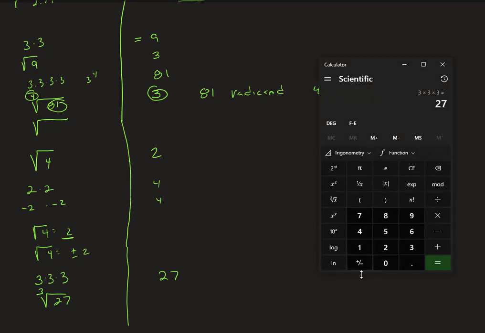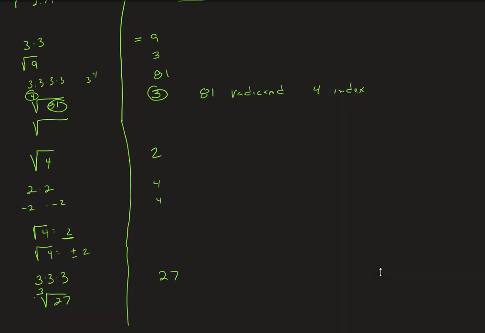So what we can do instead is type in the 27, go to the power of, and go to the parentheses. If I'm going to do the cube root, I'm going to hit 3 and the reciprocal. We talked about reciprocals. I will close my parentheses. And the cube root of 27 is 3.